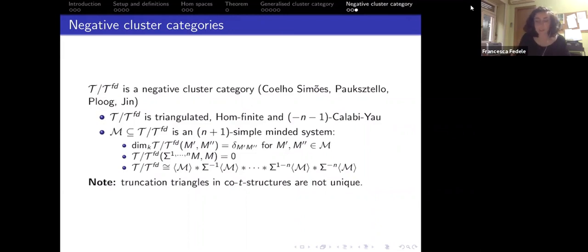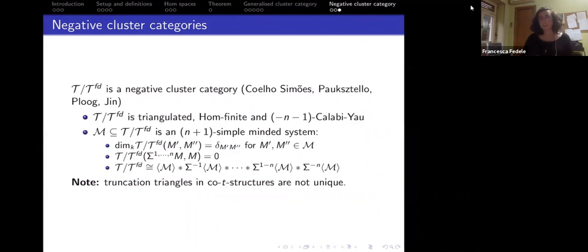So we still have this very similar theory for negative cluster categories, and the extra difficulty is that truncation triangles in co-t-structures are not unique, while they are in t-structures. So one has to be more careful when proving things here, but it's still possible and it still works out. And I think I'll just stop here.